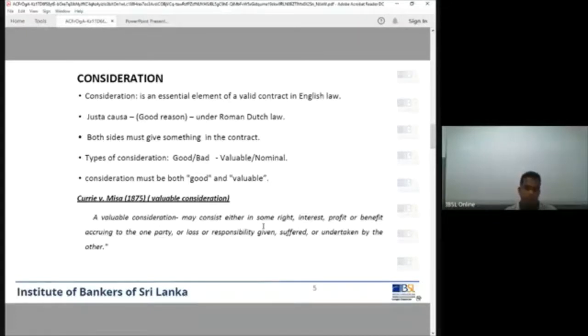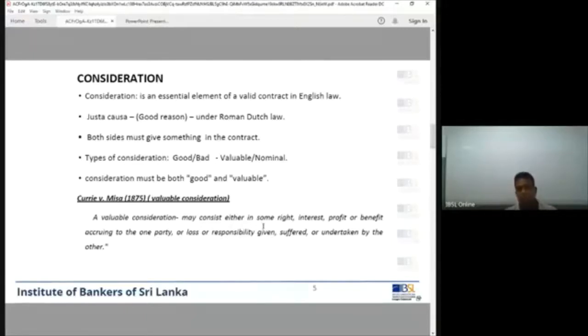To have a legally valid contract, the consideration must be good consideration and also valuable consideration. Then I have given a case here. If you can remember the case, that is fine, or otherwise you just forget about the case.